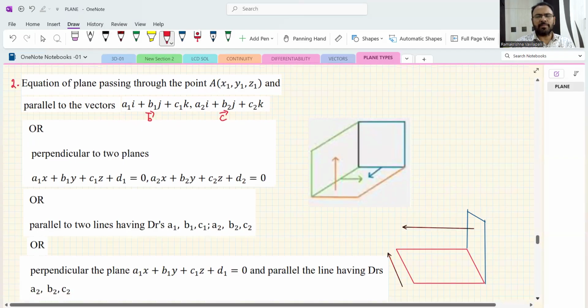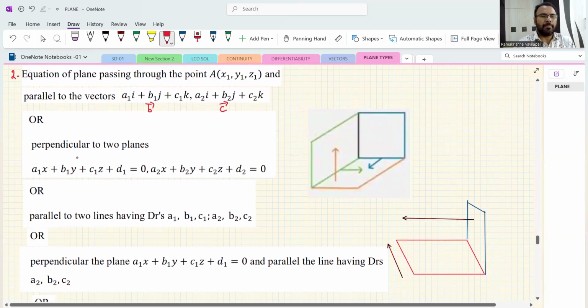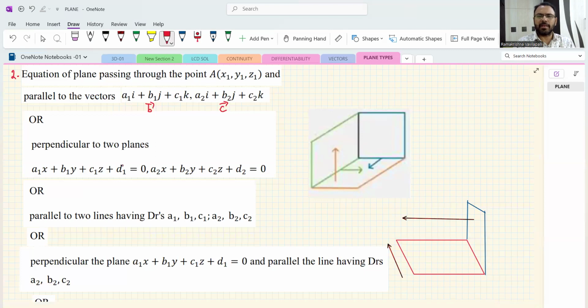What are the other formats? Like perpendicular to two planes. A plane perpendicular to two planes, you can say, right? Well, here you see that suppose this is plane 1 and this is plane 2, and this is the required plane.